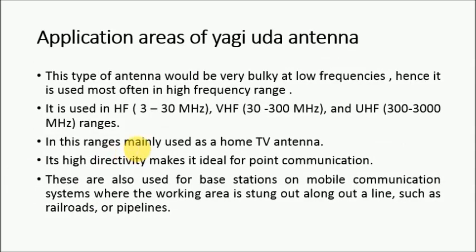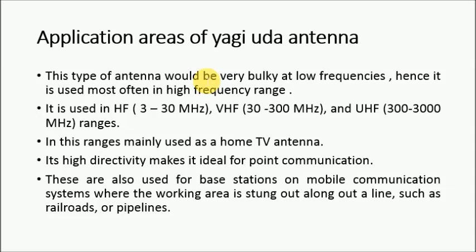Now, applications of the Yagi-Uda antenna. This type of antenna is very bulky at low frequencies, hence it is used most often in the high frequency range. If you design this Yagi-Uda antenna for low frequencies, it becomes very bulky and not practicable.